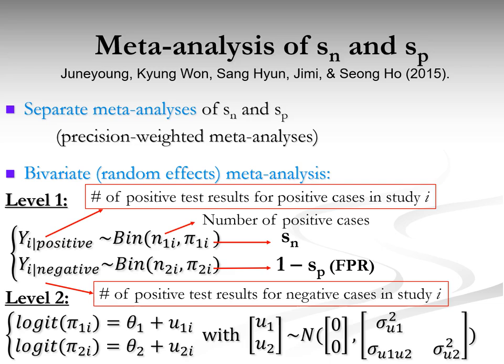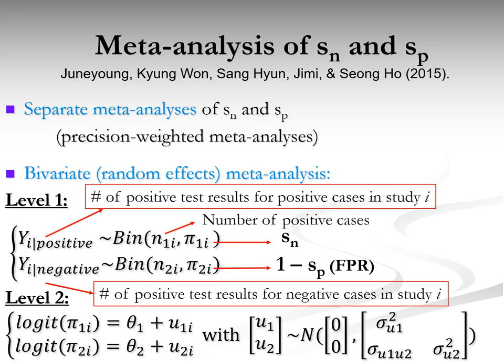So theta 1 is the overall sensitivity across all studies, and the u1i is the random effect of study i for the sensitivity. So if that is positive, then this means that the true sensitivity for study i is larger than the mean sensitivity across all studies.